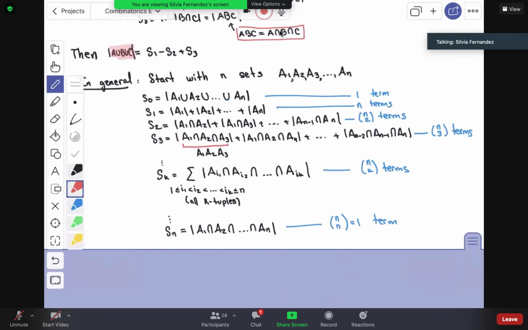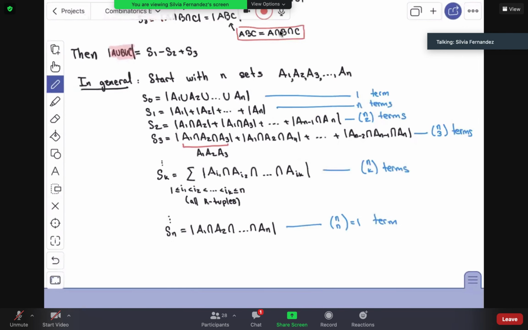You'll see that sometimes there are elements that are not in the union, and sometimes that's what we want to know.